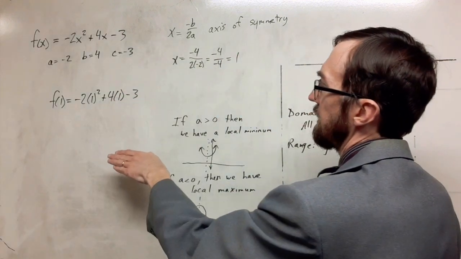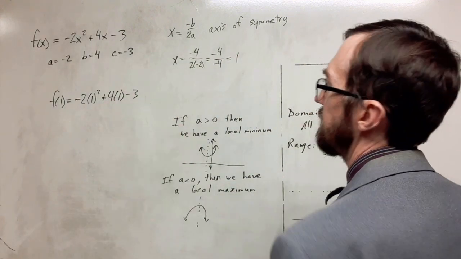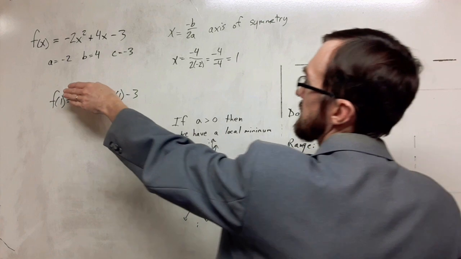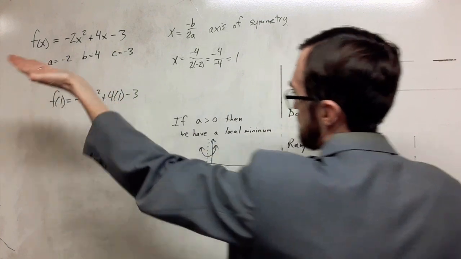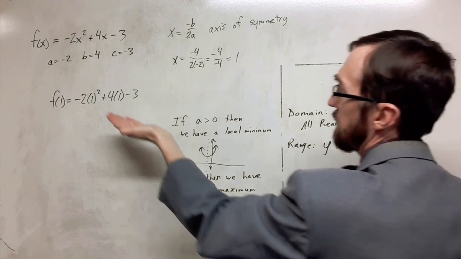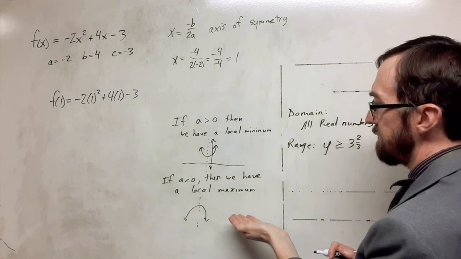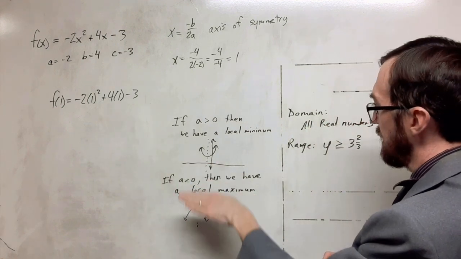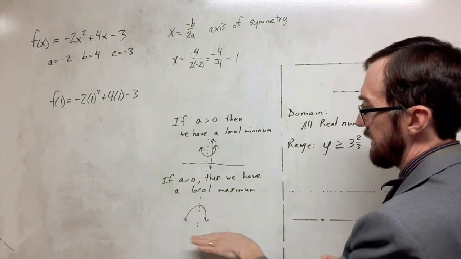and then when we simplify this, this is going to be our y value. Since a is -2 here, we see that we have this condition here. This will simplify to a maximum value, so all of our y values will be less than this.